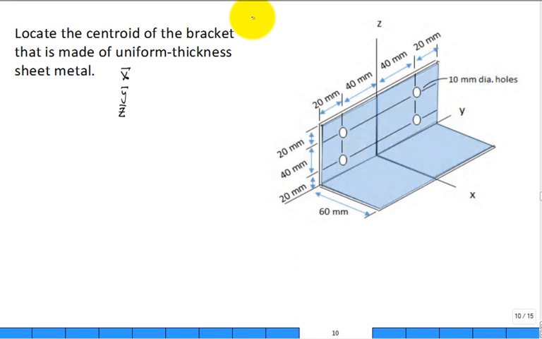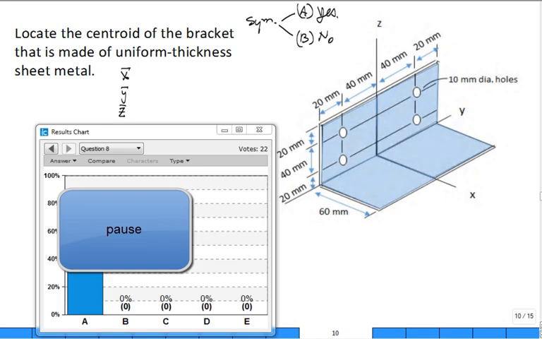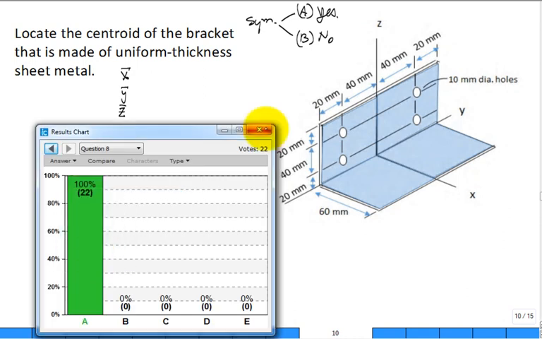Question, is there any symmetry that we can exploit for this system? If there is, answer A for yes there is. Or you say, no, I looked at it, I don't see any symmetry, no symmetry for this problem. Is there any symmetry we can exploit for this problem? Yes, there is symmetry, isn't there?